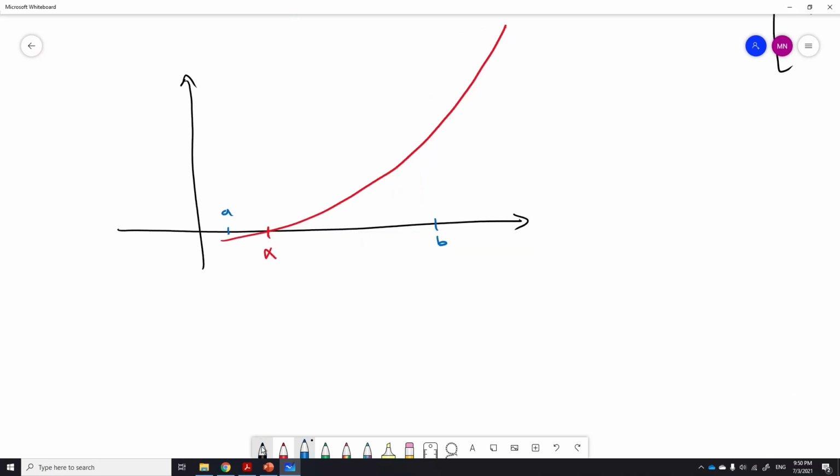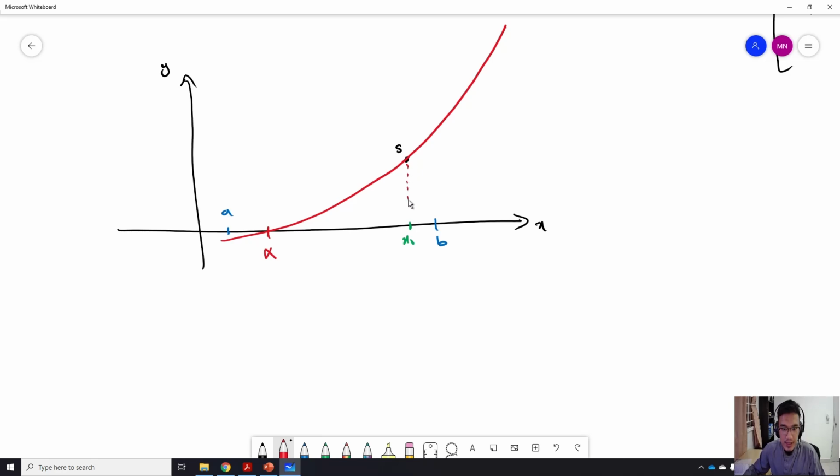Now let's move deeper into the explanation of the Newton-Raphson method. Just now we already know that above the point x naught, we have a point called S. S lies on the graph.